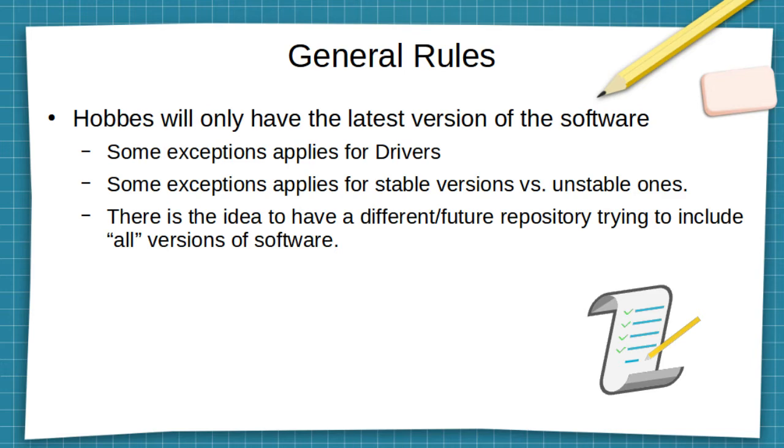And so it was defined that Hobbes will only have the latest version, and we'll apply some exceptions, like for drivers, where we will have the history of drivers for the moment. We'll also have some exceptions when you have the last version, but it's not as stable as the previous one.